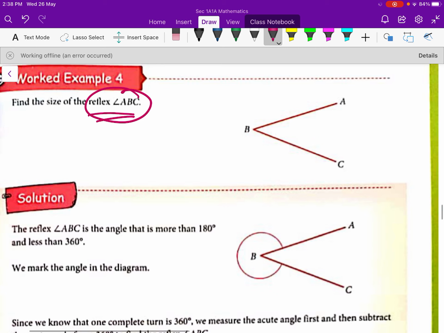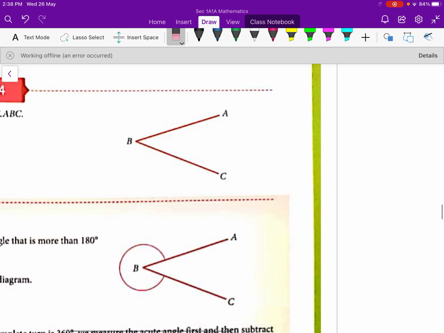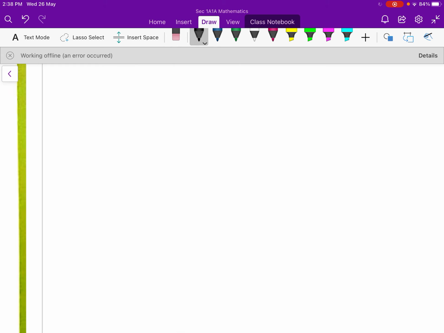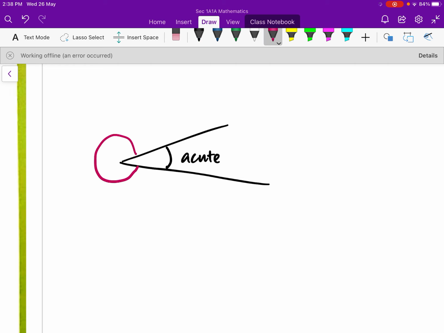Reflex angles are those angles that are greater than 180 degrees, more than a straight line. Somehow it seems that you couldn't really find reflex angles at home, but actually reflex angles are also everywhere. For example, if you found an acute angle, then what is on the other side? This is a reflex angle already.